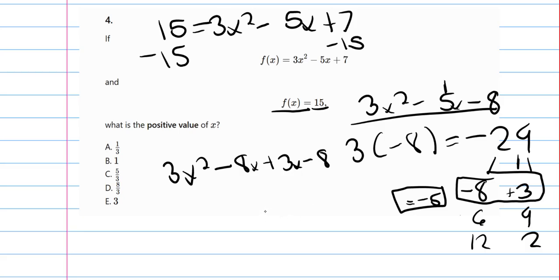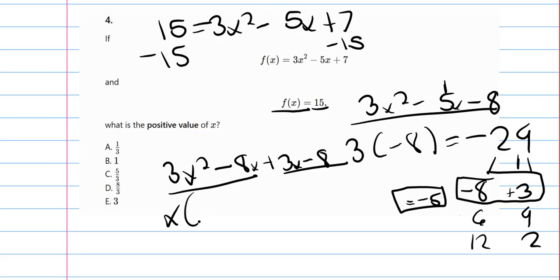So you can just factor these two binomials. Now we're going to factor it out. The greatest common factor in the first group is x.